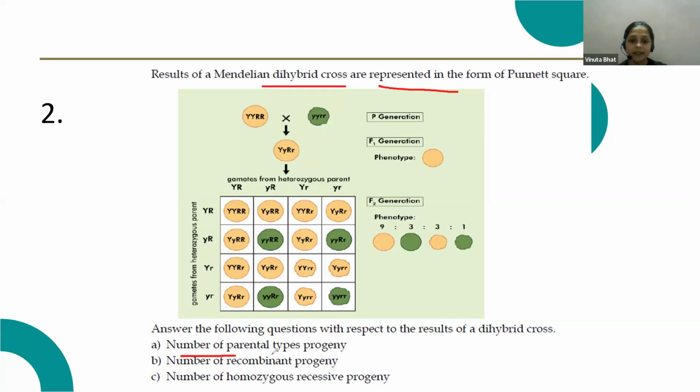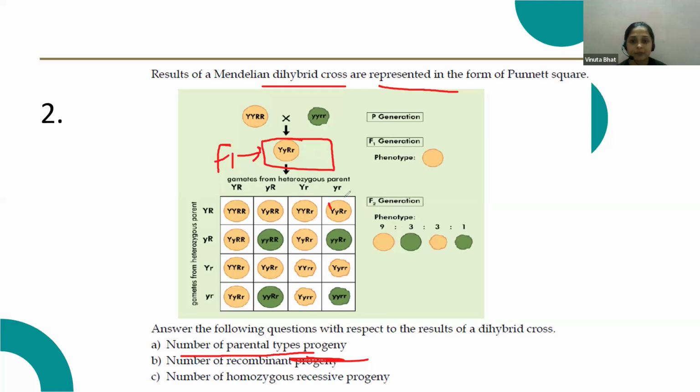Number of parental type progeny. These are the parental types, isn't it? When the F1 generation is self-pollinated, F2 is formed. So here, the number of progeny which are parental types. Let us check which are having capital Y and small y, capital R and small r condition.